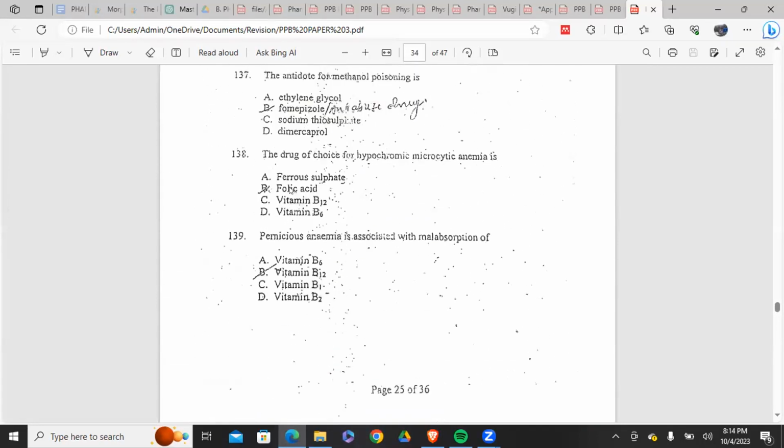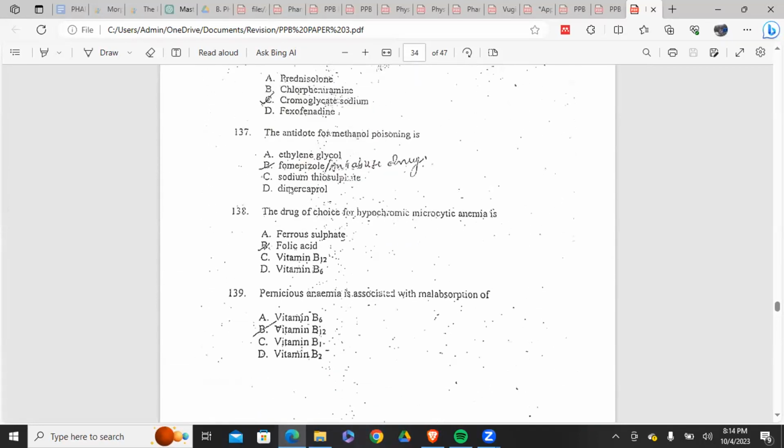You also use ethanol for that. On hypochromic anemia, number 138: the drug of choice for hypochromic microcytic anemia is... I want you to give me the answer. Now folic acid is what we call the drug. And B12 is for, okay.